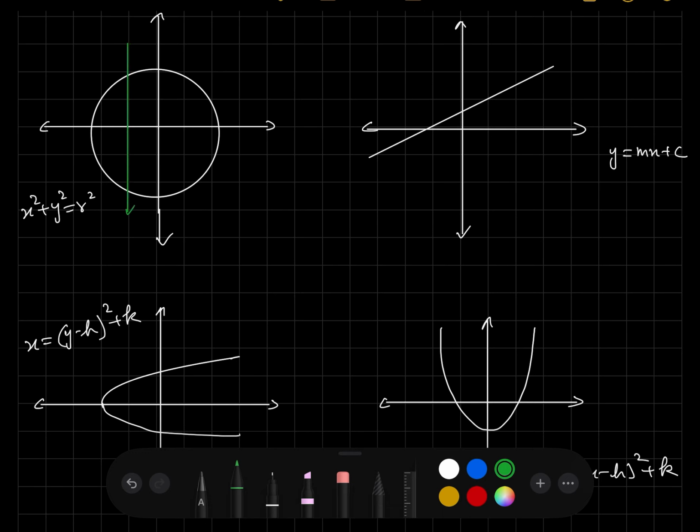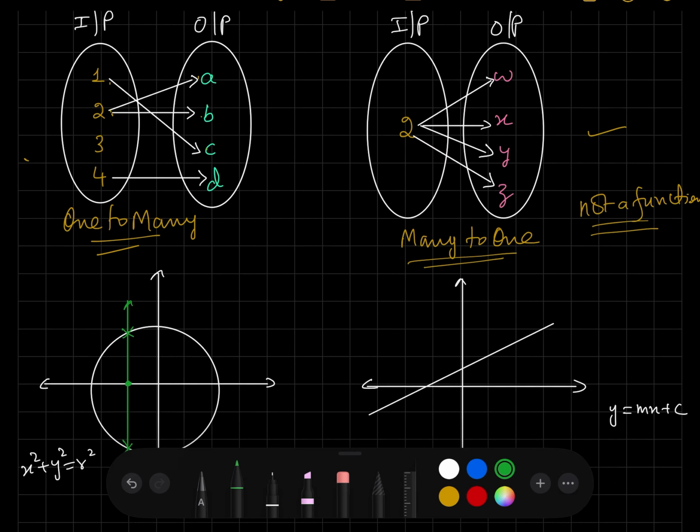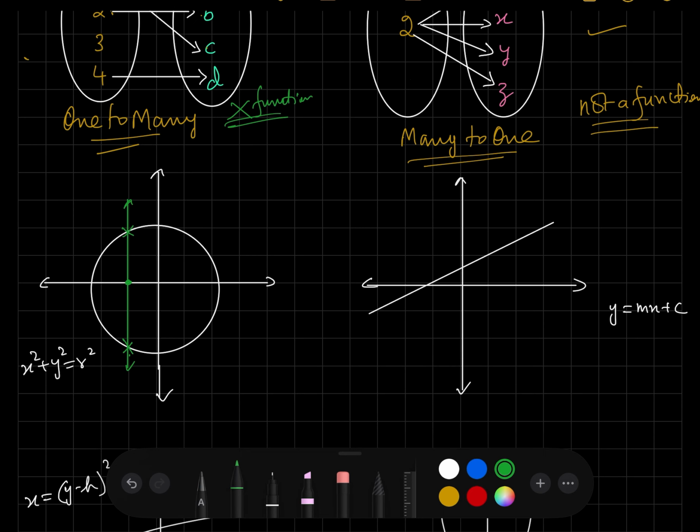Here my vertical line intersects the graph at 2 points, so one single value has 2 outputs. It is one to many, and one to many is not a function. When a vertical line intersects the graph at more than one point, it is not a function.